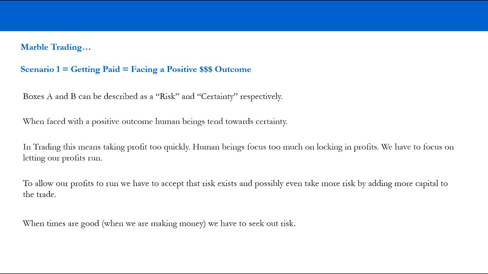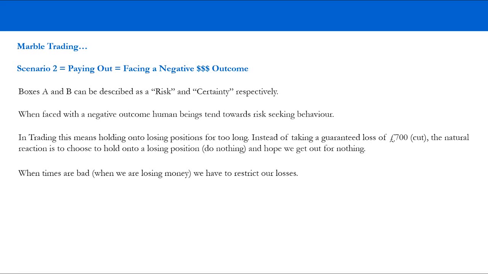So in trading and portfolio management, it's actually wrong to look for certainty and pull from box B when you're getting paid, when you're winning, so facing a positive numerical outcome. Now, what happens when we move to our second scenario, when you are actually paying out?